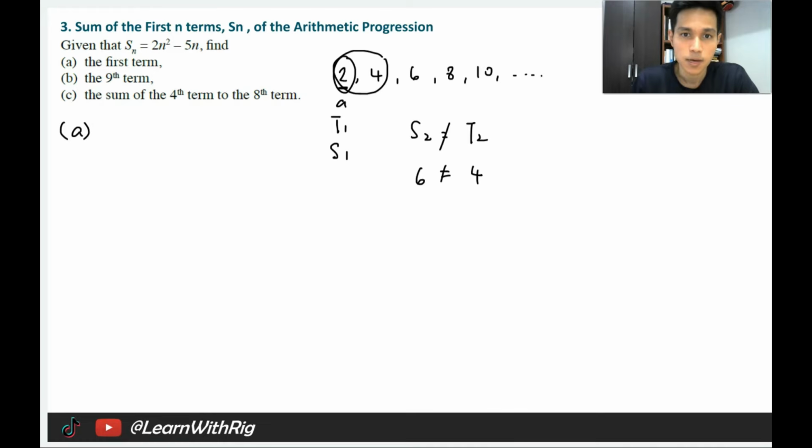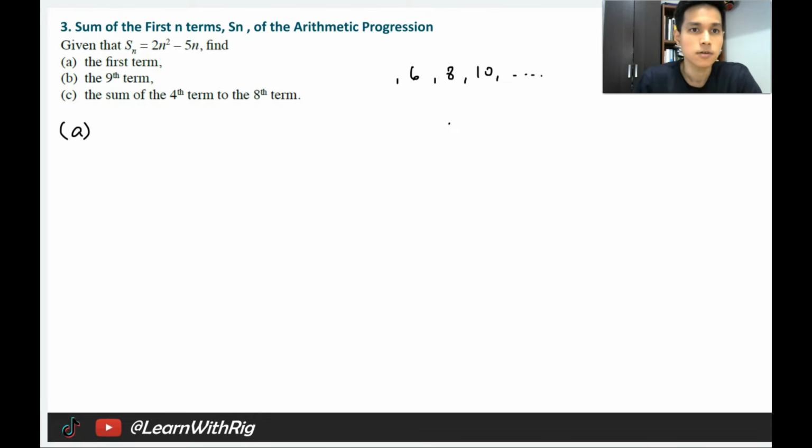But S1 is equal to T1 because there's nothing to add. I hope you understand this. This is very, very crucial: the sum of the first term is the same as the first term itself. In this case, you're going to find the first term, which is also S1, so just substitute into your formula here.